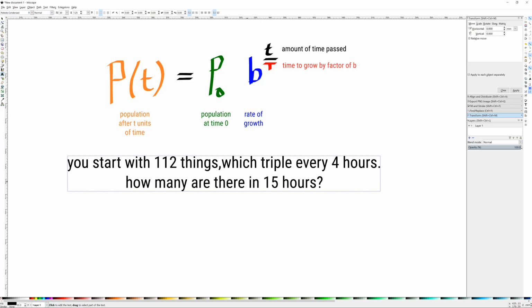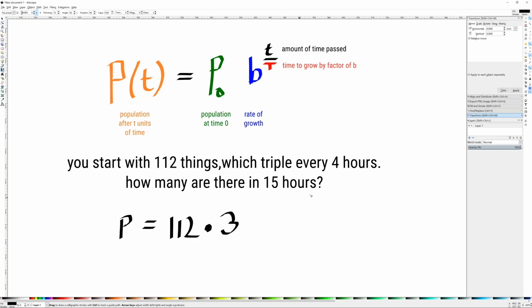Okay, well, let me first write the equation. My population will be the starting amount, 112, times the factor, which is 3 because it triples. And I'm going to say the exponent is t over 4 because it triples every 4 hours.